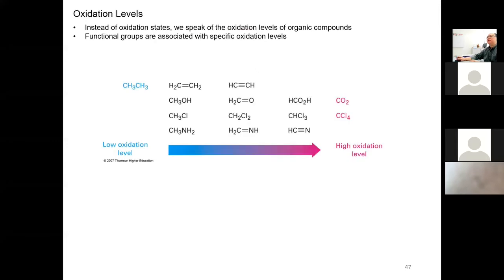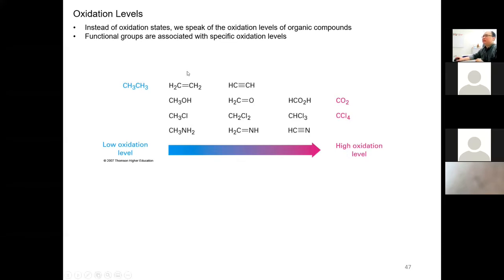But how we differentiate whether a carbon's oxidation status is higher or lower is through what we call the oxidation levels. Functional groups are usually associated with specific oxidation levels. Although we don't have a numeric number for those oxidation levels, we, as organic chemists, are very clear about which is higher in oxidation level.